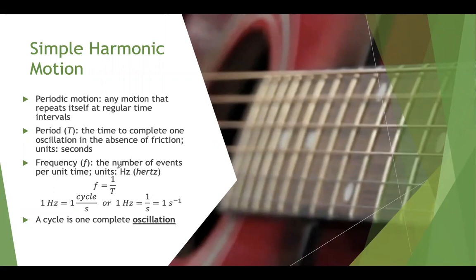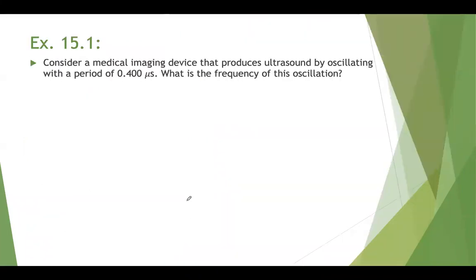Okay. Now, one cycle, or a cycle, is one complete oscillation. So we'll be seeing this word oscillation, oscillatory motion, a few times throughout this lecture. So just understand that that is a cycle. Okay, a cycle is one complete oscillation. Okay. So let's go ahead and do a quick example.